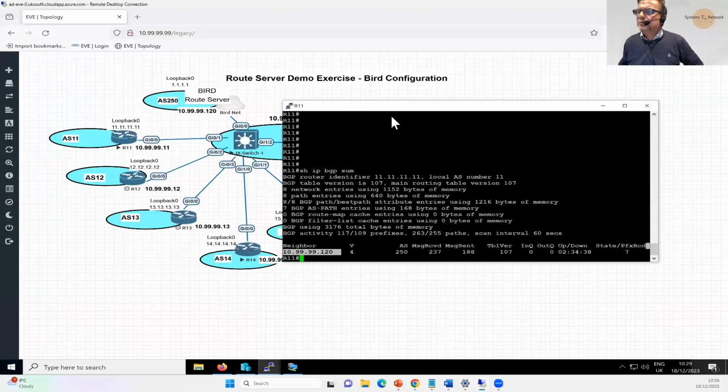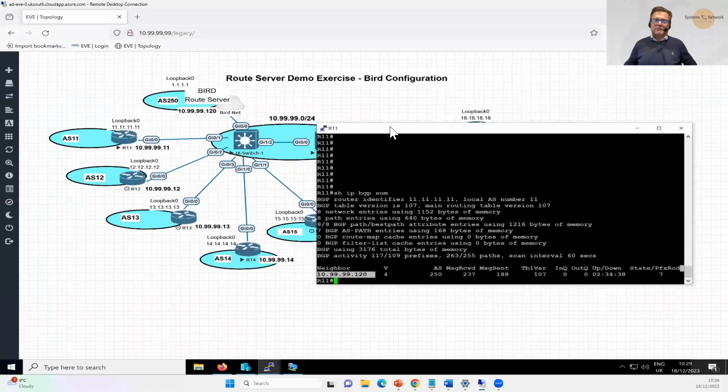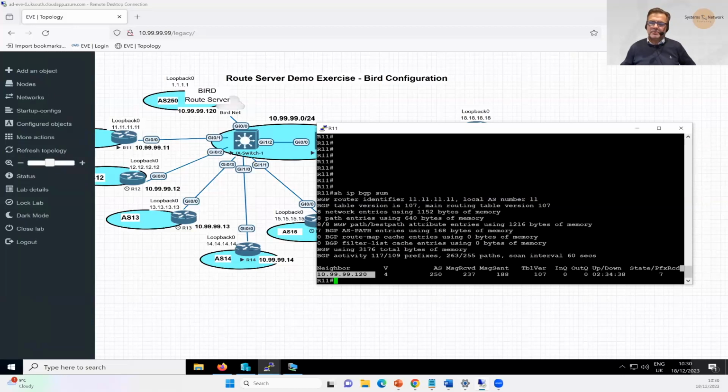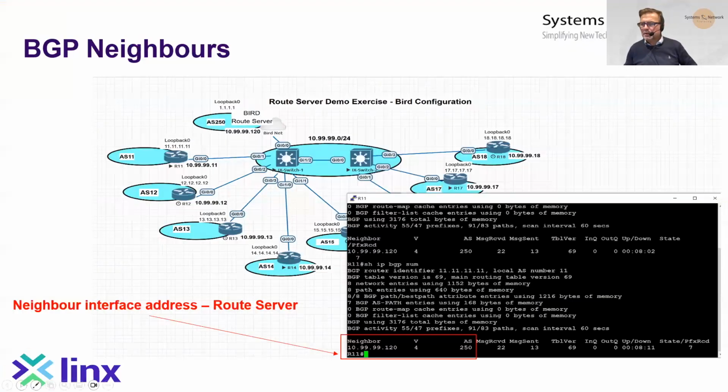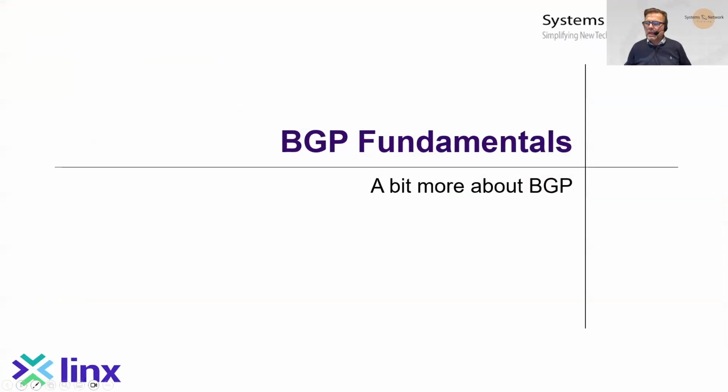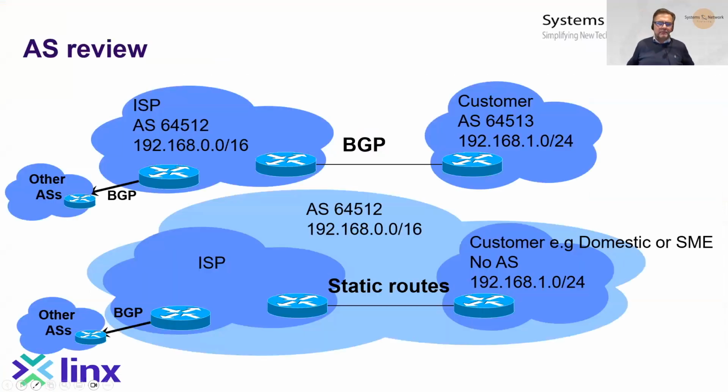So that's all you have to do to interconnect via an Internet Exchange route server when you want to join the infrastructure that allows you to advertise your routes to other members of that Internet Exchange. We're going to see the routes in just a second, but for now, I'm just going to jump back into my slides and just give you a little bit more explanation of what BGP is.